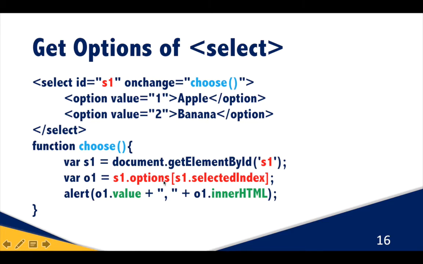That's why this is options. Remember, anything with the S here is an array in JavaScript. It's very easy to remember, and you reference the S1 selectedIndex, so whichever index you selected, it will choose and return to O1. Then O1 can get a value 1, for apple, or if you choose number 2, then value 2 and banana.